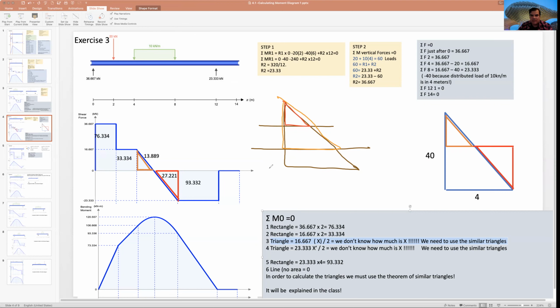Why? Because they have the same inclination in the base, the same inclination in the vertical line on the side, and the same inclination in the main cathete. You see?